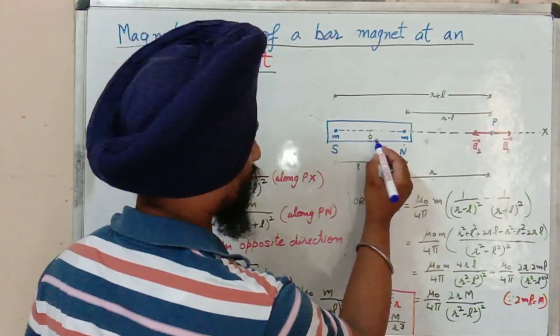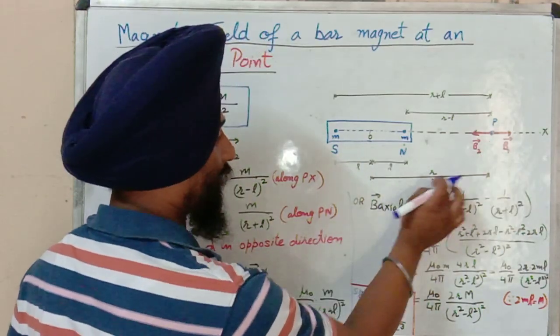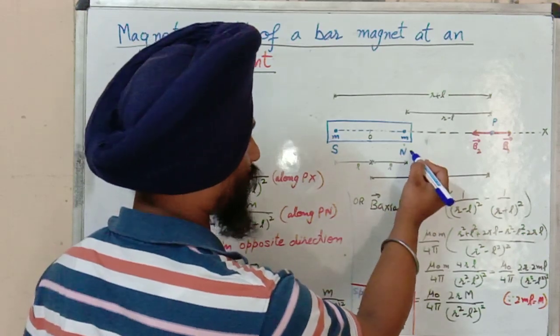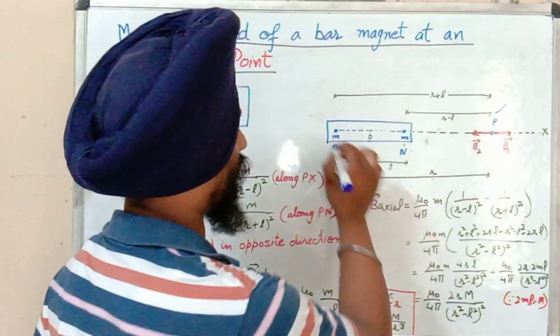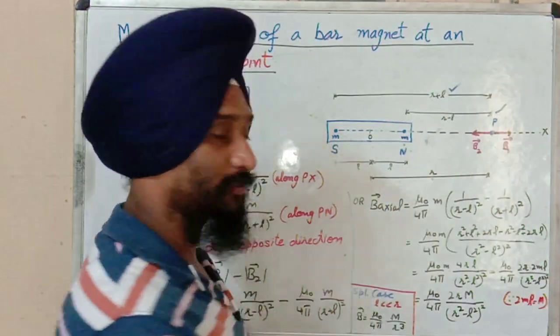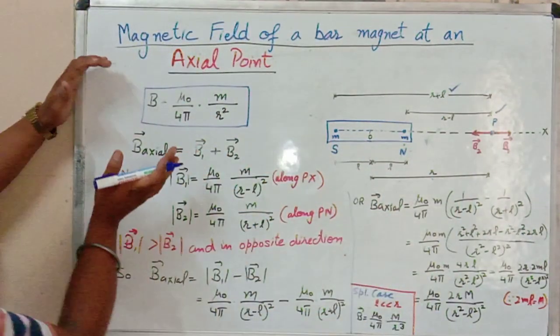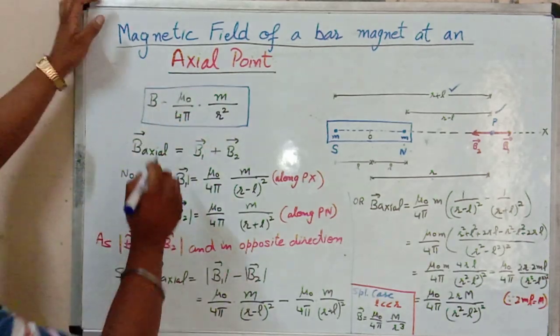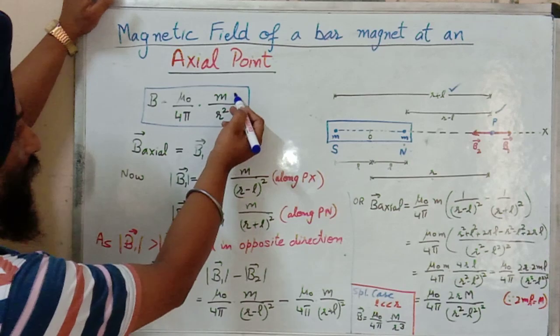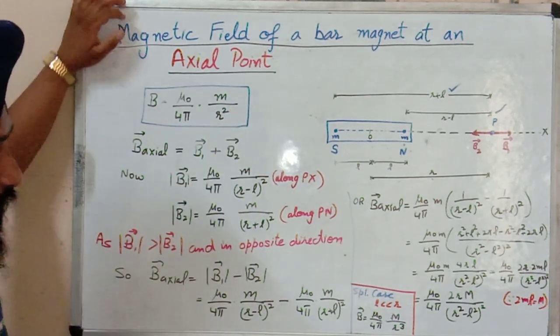From the center the distance of the point P is r, and from the north pole this distance becomes r minus L, and from the south pole this becomes r plus L. And we have a formula to calculate the magnetic field at that point. It is given by mu naught upon 4 pi, m upon r square.